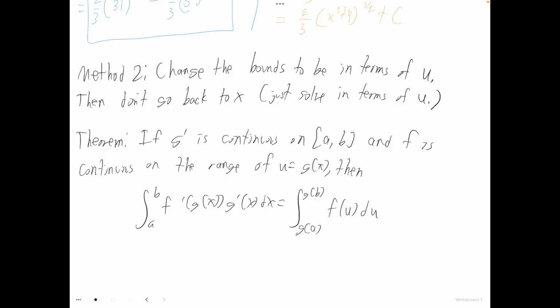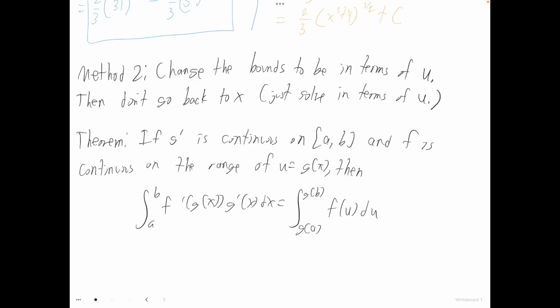Okay, so basically what we're saying here is that g prime is continuous on a to b, and f is continuous on the range of g, which is not really saying a lot. Basically, this is saying f of g is a continuous function on the whole interval a to b.